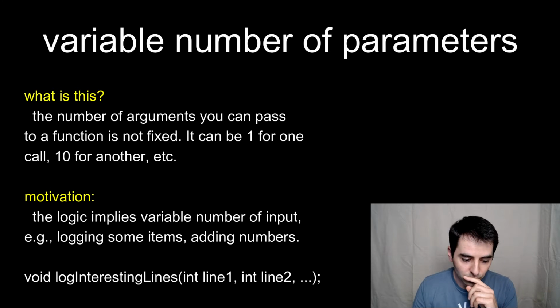So we want to write a function which will take input, for which the input parameters will be all the line numbers. So it can be 1, it can be 10, so we don't know. And this is not a very practical example, just to illustrate the use of these variable arguments, variable number of arguments.